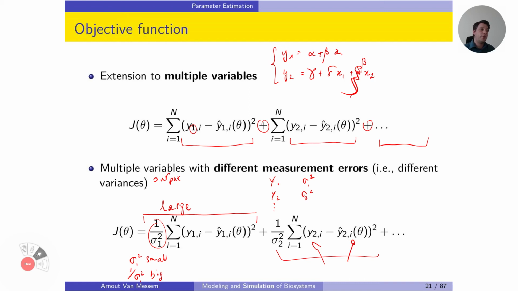So if I have a small variance, I give it a large weight, because with a small variance I am always pretty certain of the output that I get. No matter what values of the parameters I use, it will have very little influence on my prediction. So here, no matter the values of my parameters, this prediction will always be very close to this observation.